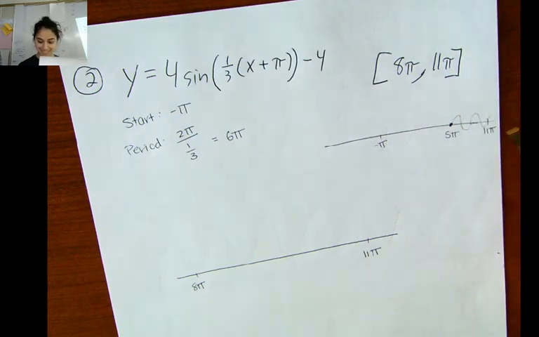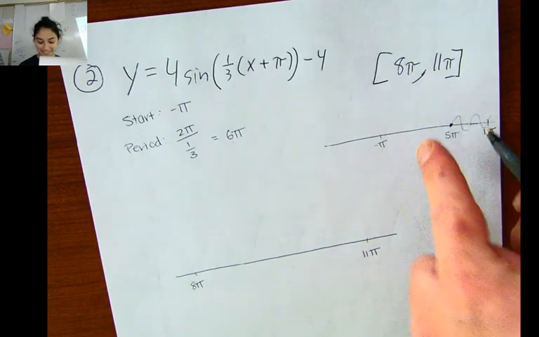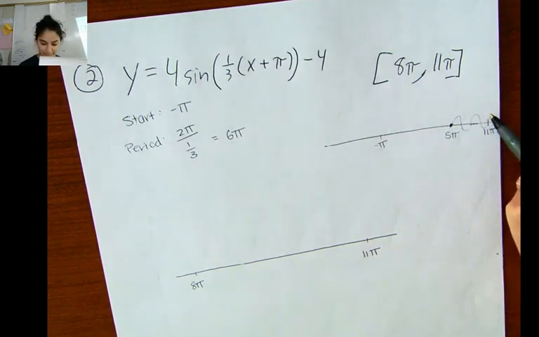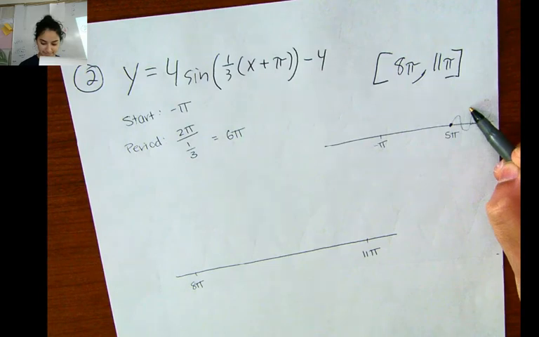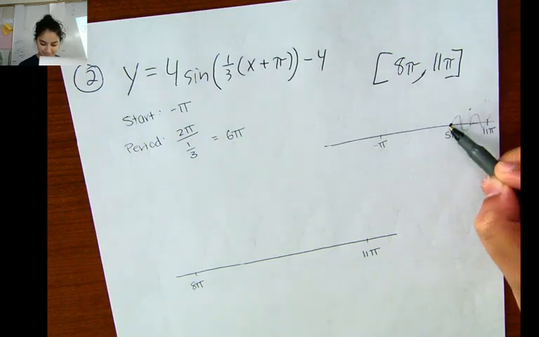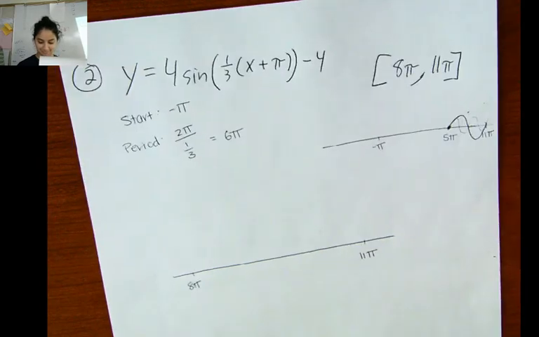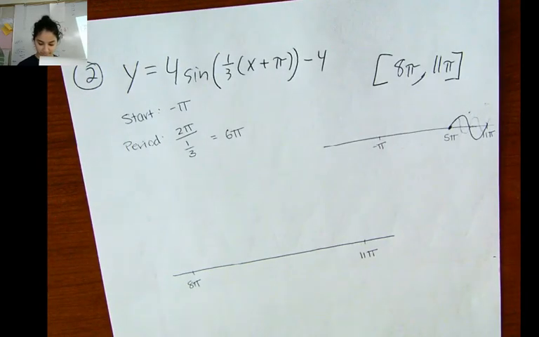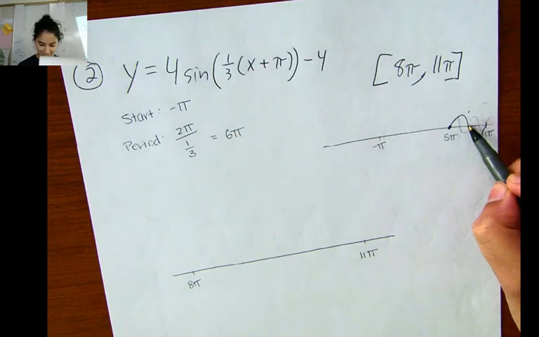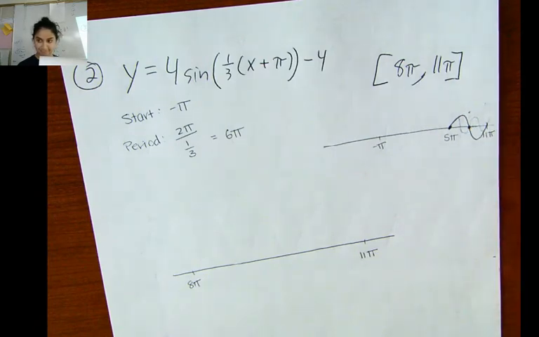But it's only one period from 5 pi to 11 pi. Okay, and then where's the 8 pi fit into that picture? Right there.